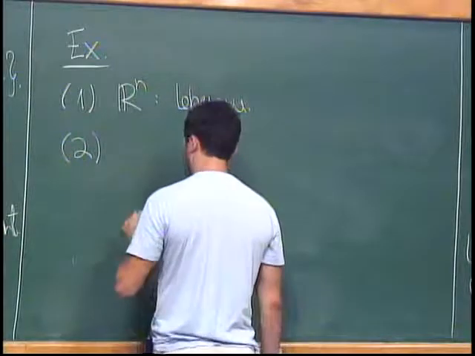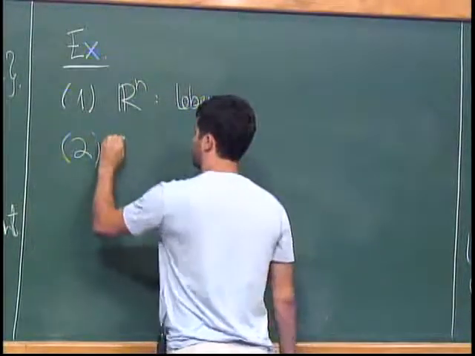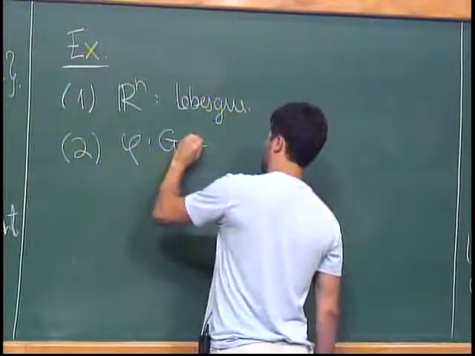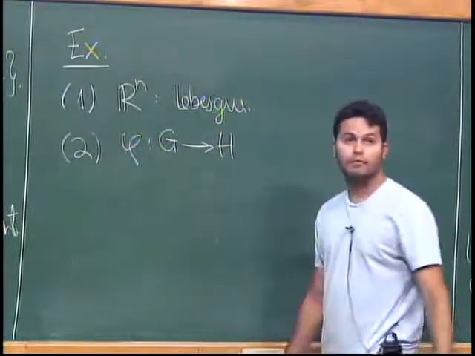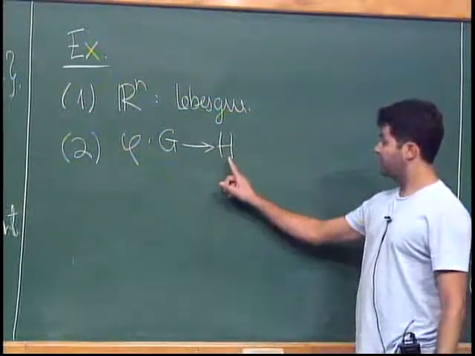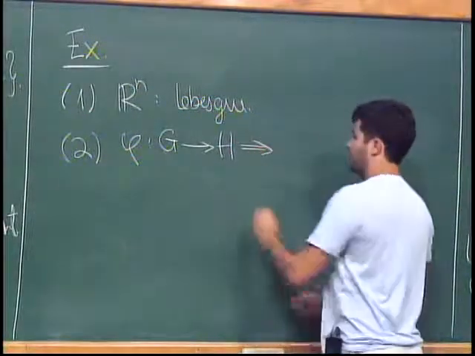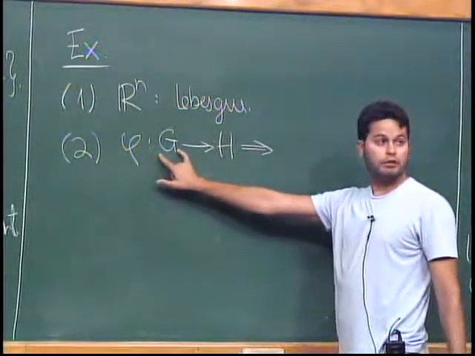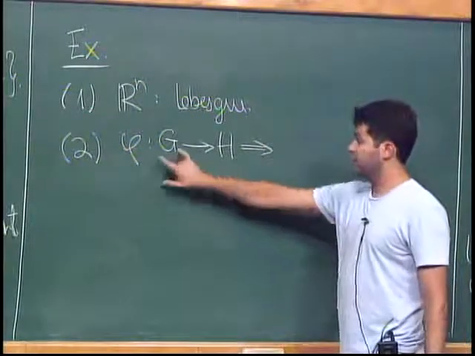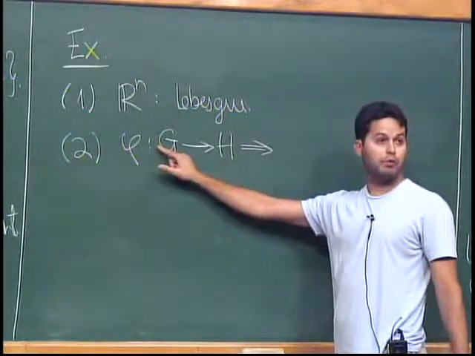Let's say that we have a homomorphism between two groups. What is the Haar measure of H in terms of the Haar measure of G? Well, if you have a Haar measure on G, then you can push this measure to H under the homomorphism.